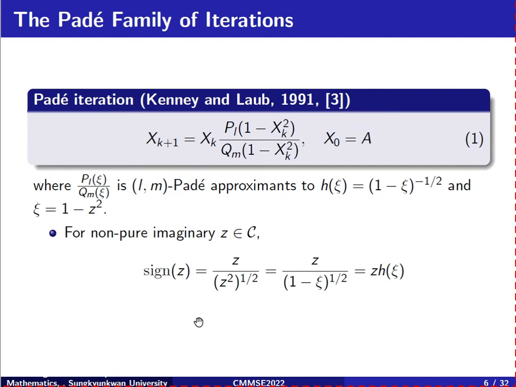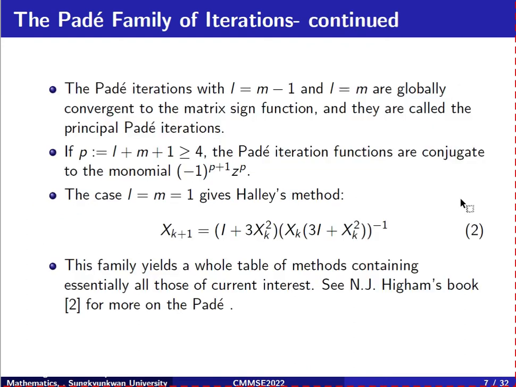The sign function of a complex number is given like this. Based on this, Kenney and Laub presented the Padé iterations like this. Here, this one is the approximant to this function. This function has very nice properties.